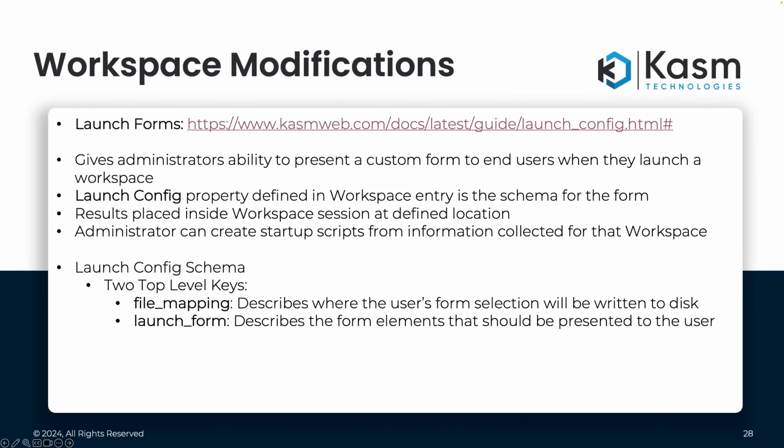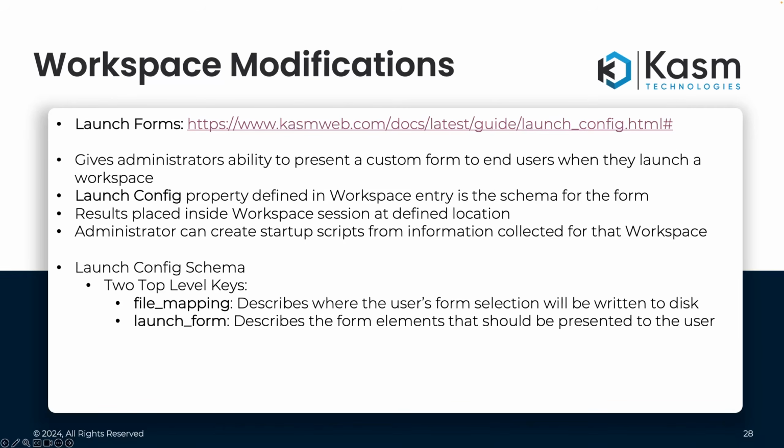There are two top-level keys used in the launch config schema. They are file mapping, which will be the location that the user selections will be saved to, and then the launch form itself. So this is where you define the elements or questions you are asking of your users.